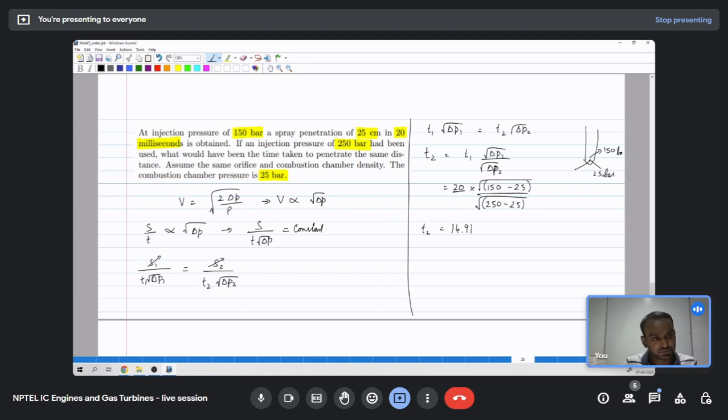It will take the unit of the value 20 that we have been given, so that is milliseconds. So T2 is 14.91 milliseconds. Do you have any questions in the problem?